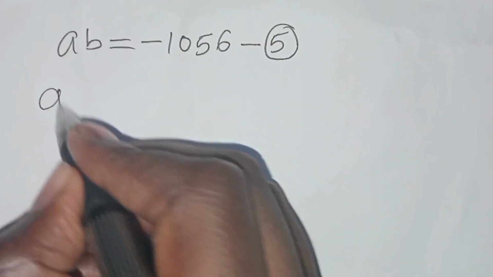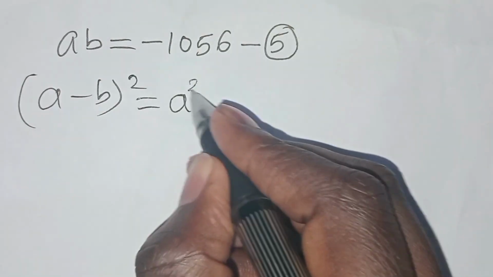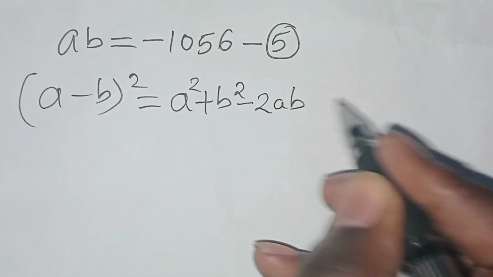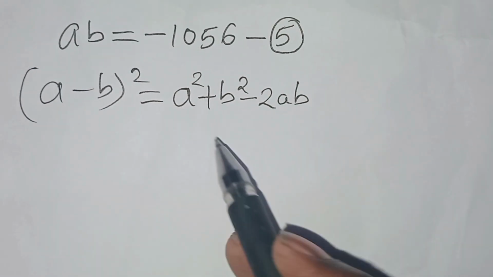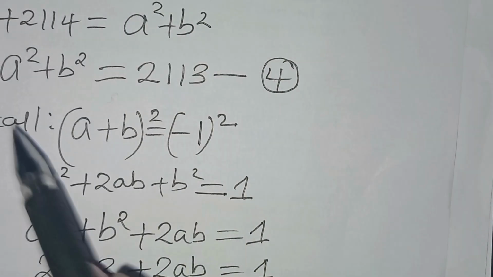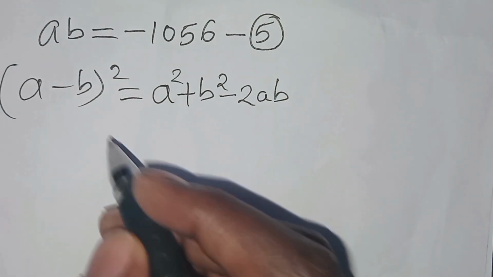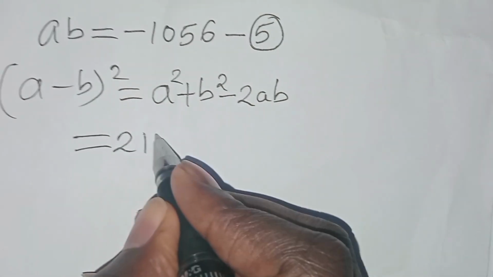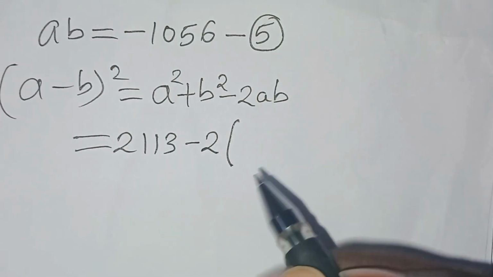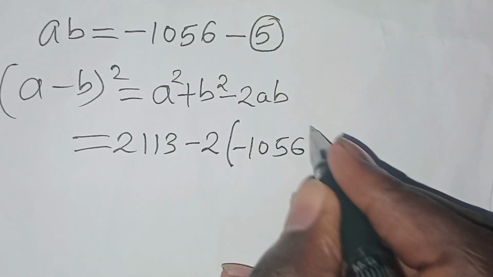Now from here, we have (A minus B) squared. This can be expressed as A squared plus B squared minus 2AB. From equation 4, we have that A squared plus B squared is equal to 2113. So here we'll have 2113, subtract 2 multiplied by AB, which is negative 1056.